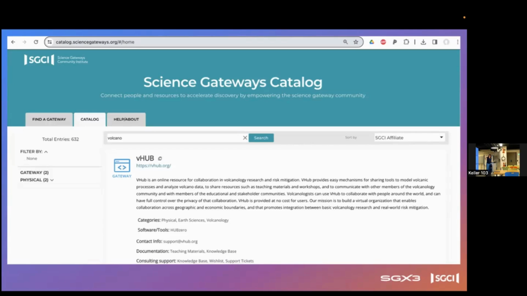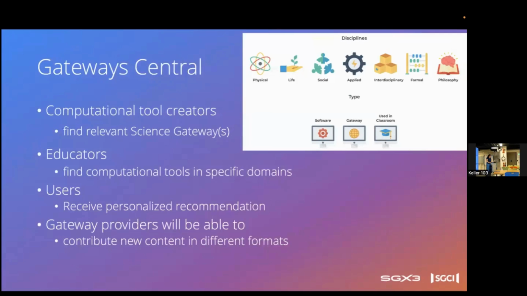So if you would like to find science gateways, for example, contact me or search in this catalog. And it will morph into a Gateway Central to make it more interactive. At the moment, you can search and sort for topics, but we want to make it really more, to receive more personalized recommendations, because at the moment we have over 600 science gateways in there, and finding what is fitting for you needs a more personalized approach.